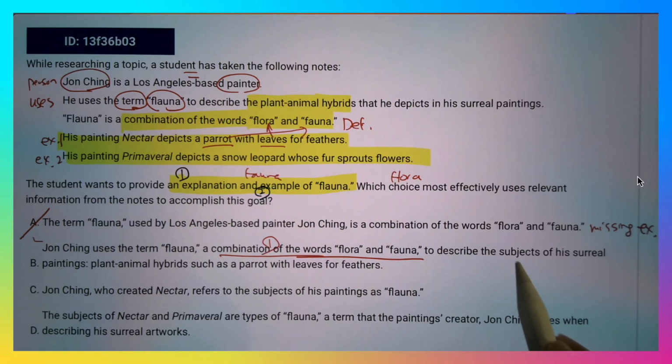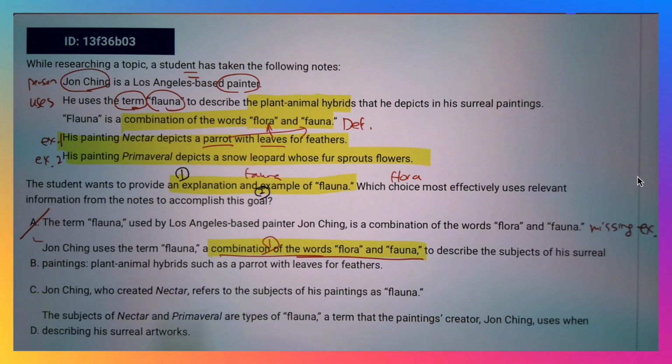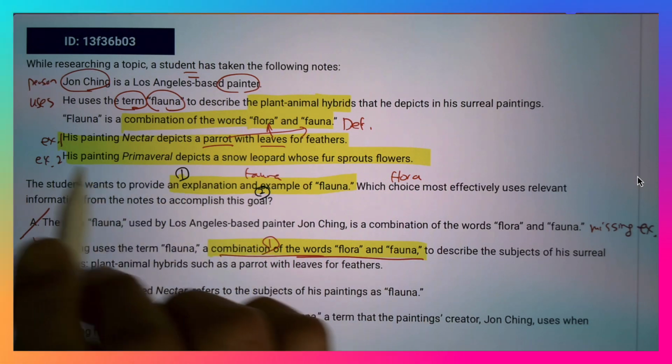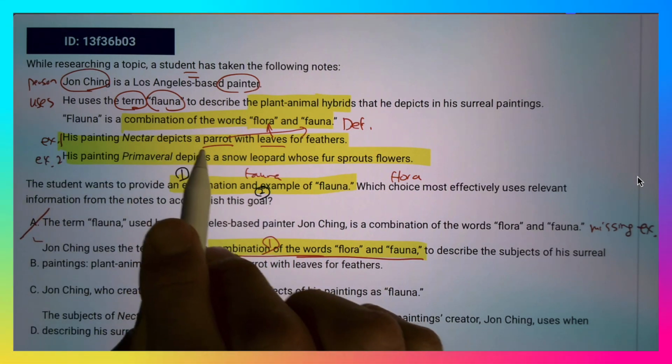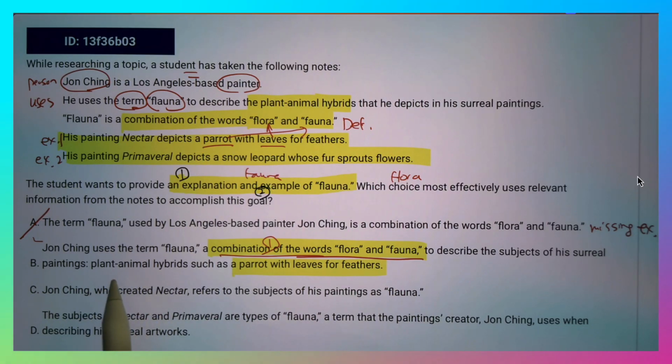To describe the subject of his surreal paintings, plant-animal hybrids such as a parrot with leaves for feathers. We saw that the example in line 4, or example 1, parrot with leaves for feathers. And it also mentioned this plant-animal hybrid.